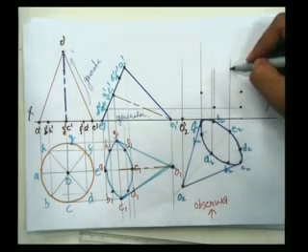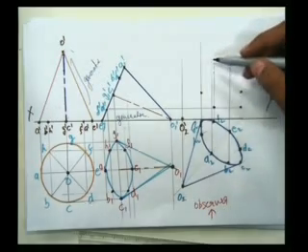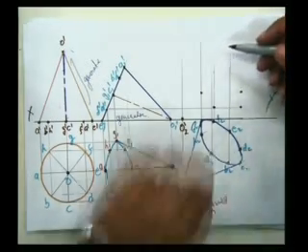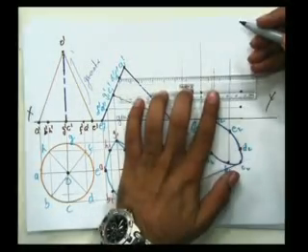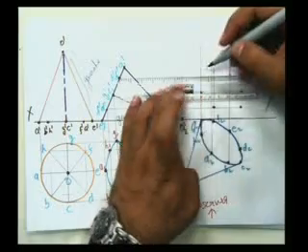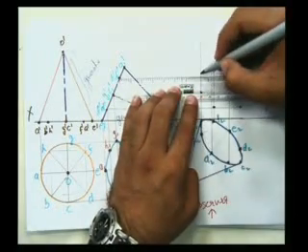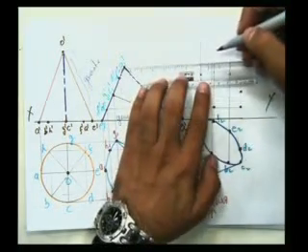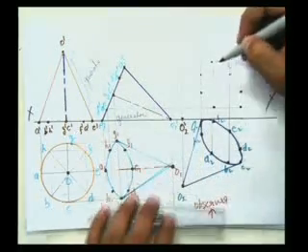B and B is here and H is on this line. And finally I have this A here.